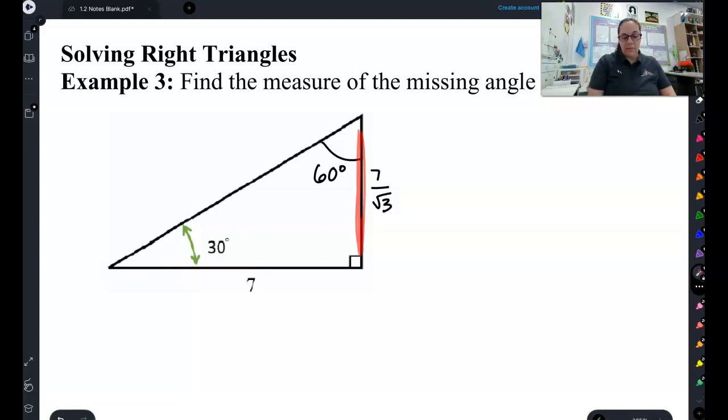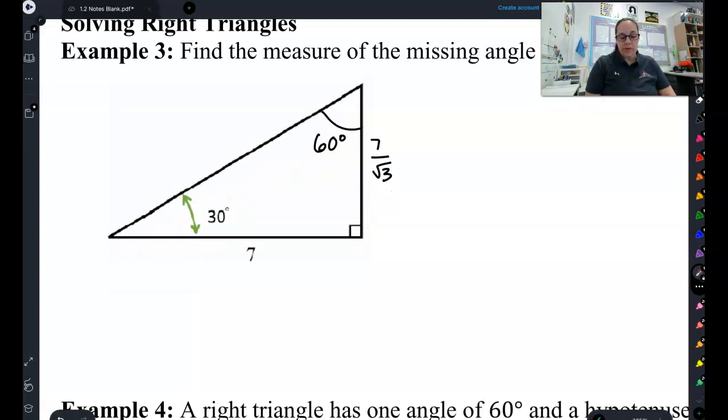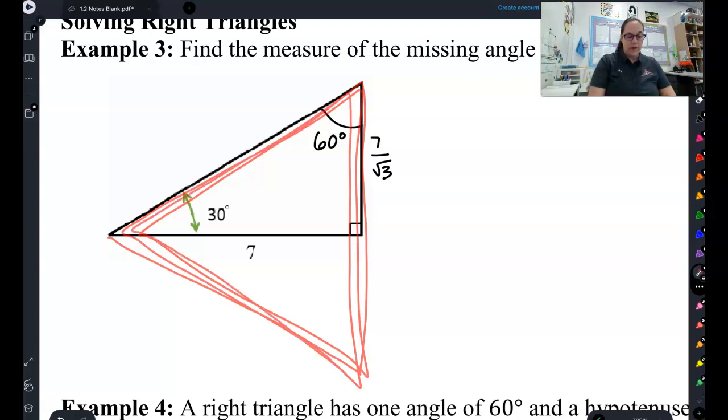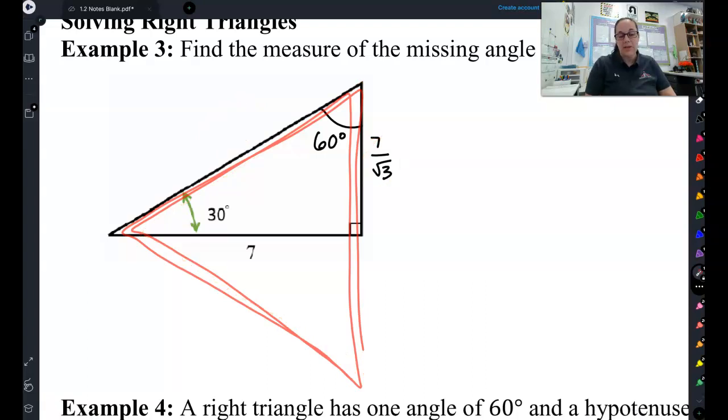Now let's get from this small side to the hypotenuse. If you don't remember this pattern, think of our 60, 60, 60 equilateral triangle. If I make that 60, 60, 60 equilateral triangle, it's a lot easier to see. This one is going to be double this one. So I need to take this 7 over √3 and times it by 2.